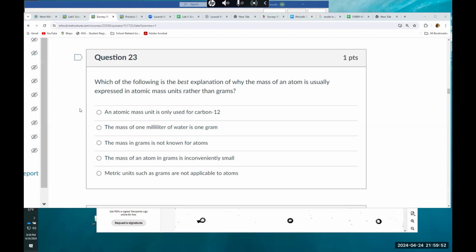Hold on, I didn't even read them all. I think it's the fourth one. The mass of an atom in grams is inconveniently small. Yeah, it's because it's really tiny. I did exactly what you did, Juanita. I didn't read them all, and then my first instinct is one, and then you read the right answer by far.